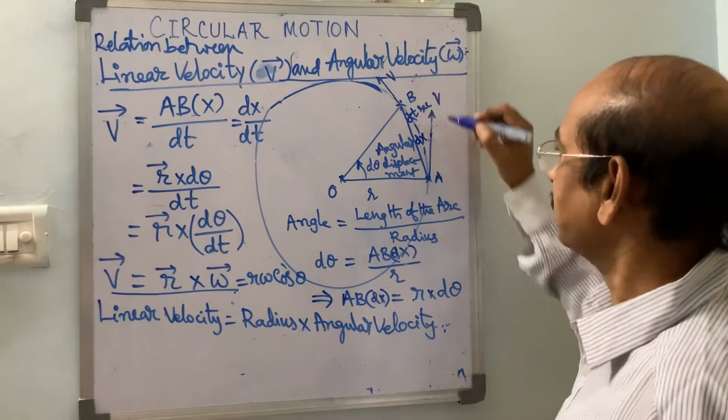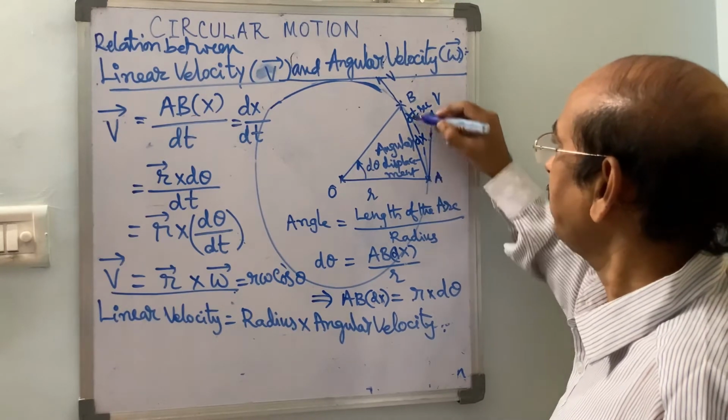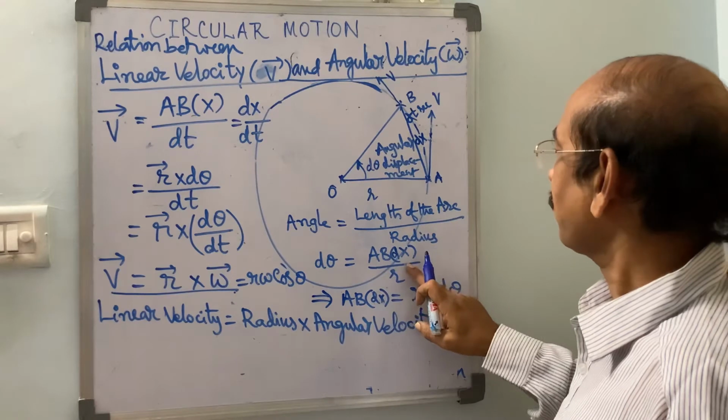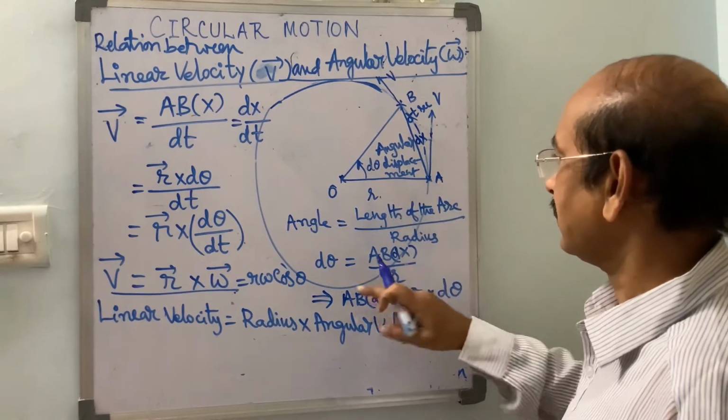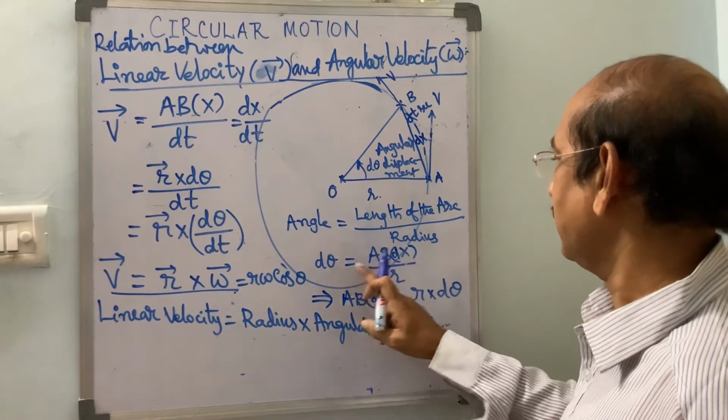Along the tangent it works. Therefore, the length of the arc AB is equal to dx, and with radius vector r, the angular displacement d theta is equal to AB by r.